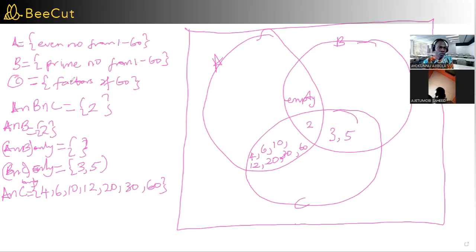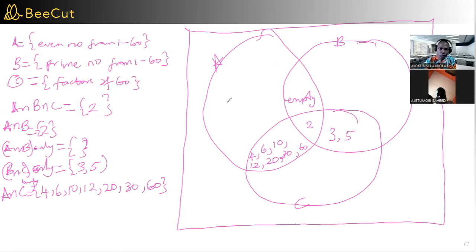So what are the elements of A? Even numbers from 2 to 60. So we have seen 2, 4, 6, remain 8. We have seen 10, remain. We have seen 12, remain 14, 16, 18, we have seen 20 here because it's in A also.